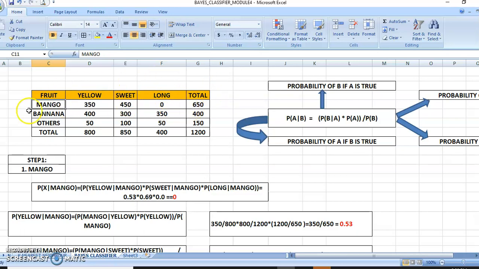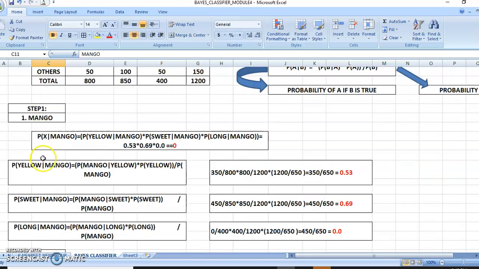Together that gives you that the fruit belongs to mango. Individually I find the probability of yellow given mango, sweet given mango, and long given mango. Then I will multiply them and come across the probability of any fruit being mango.